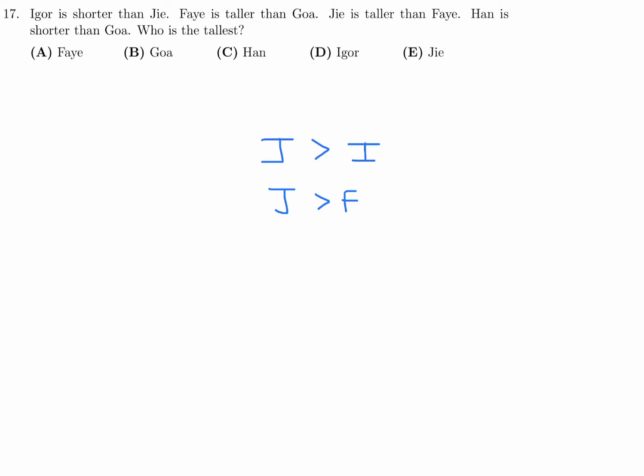Han is shorter than Goa. Faye is taller than Goa. And then Han is shorter than Goa. Okay. So it looks like the tallest is J or G. Number 17, the answer is E.